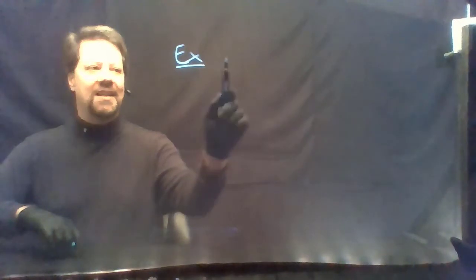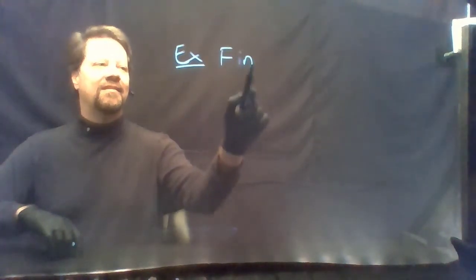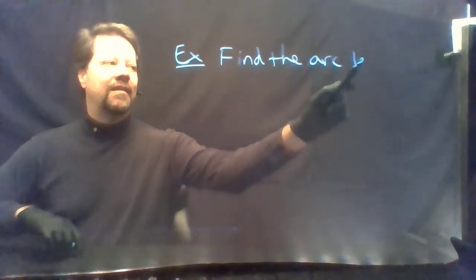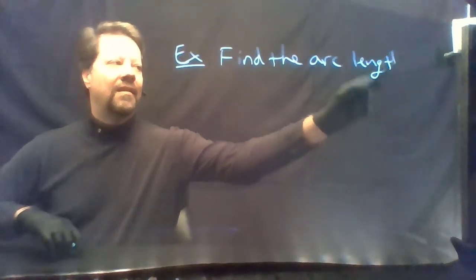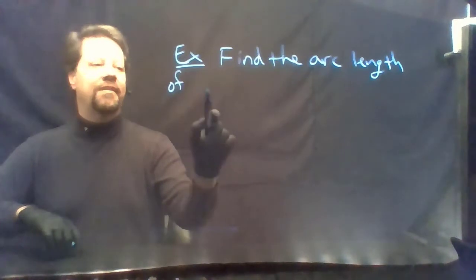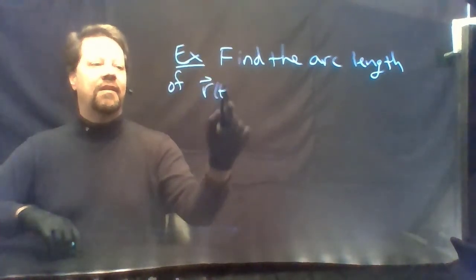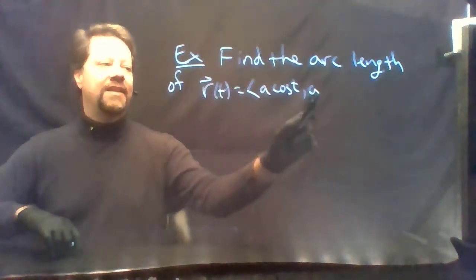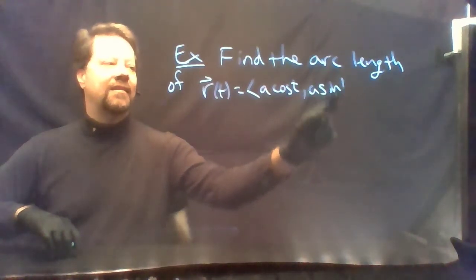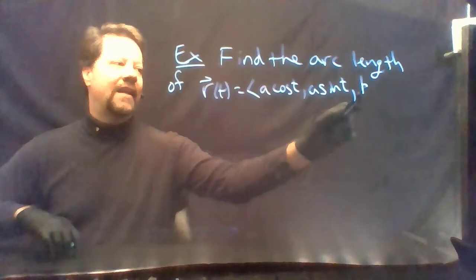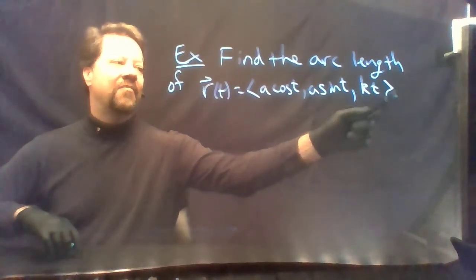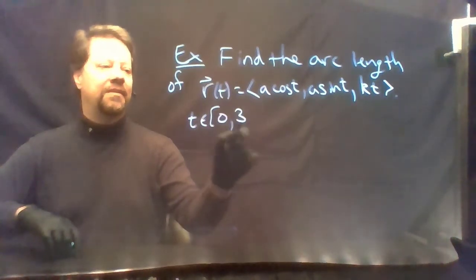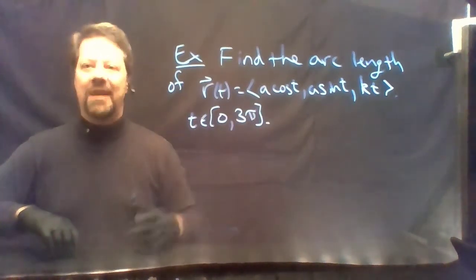Let's do a quick example. Find the arc length of the curve r of t equals a cosine of t, a sine of t, and then k t, where t runs from 0 to 3 pi.